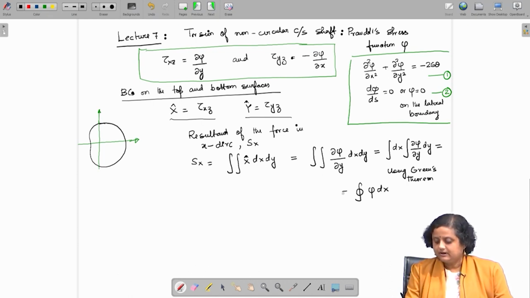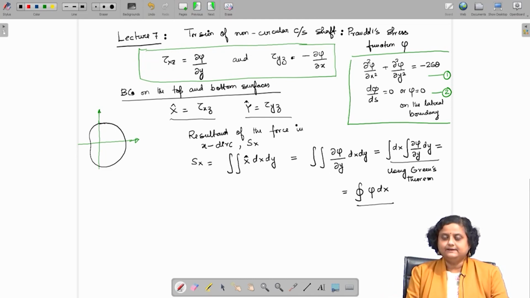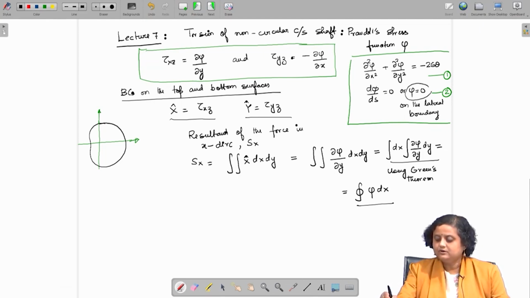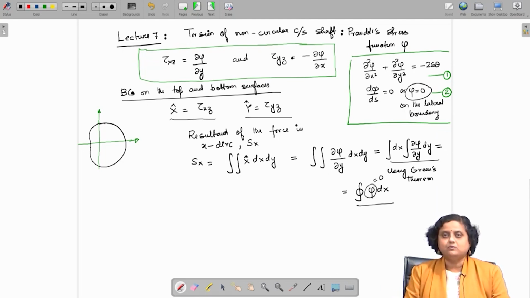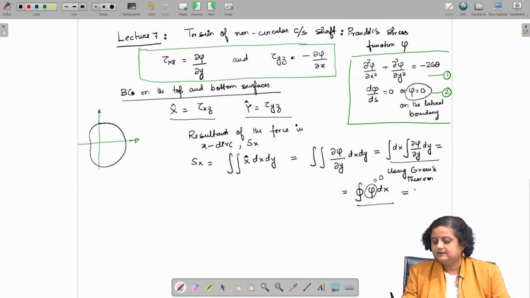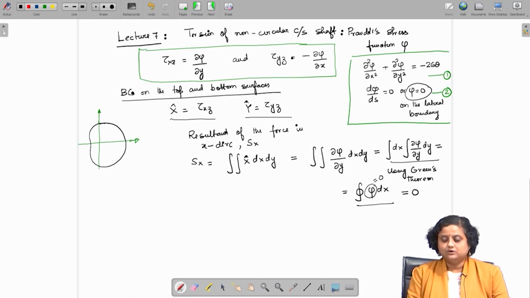By using Green's theorem, we can convert this integral into a contour integral of phi over dx. Now, from our previous criteria, we know that phi is equal to 0 on the boundary or on the contour. Therefore, this is equal to 0. Therefore, we can say that Sx, which is the resultant of the force x hat on the top and bottom surface, is equal to 0.